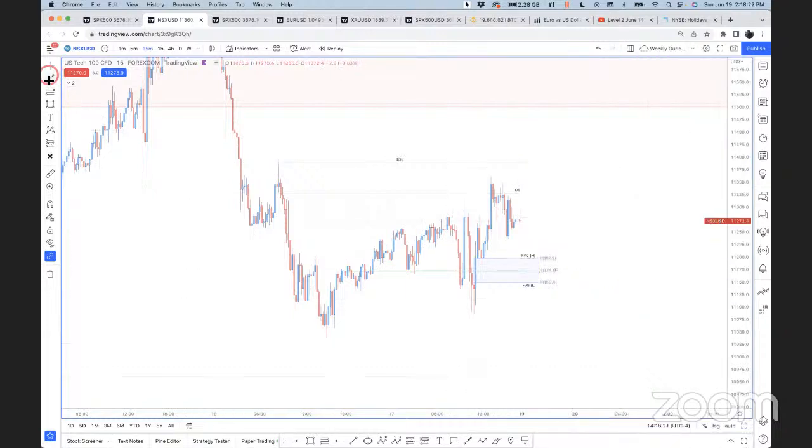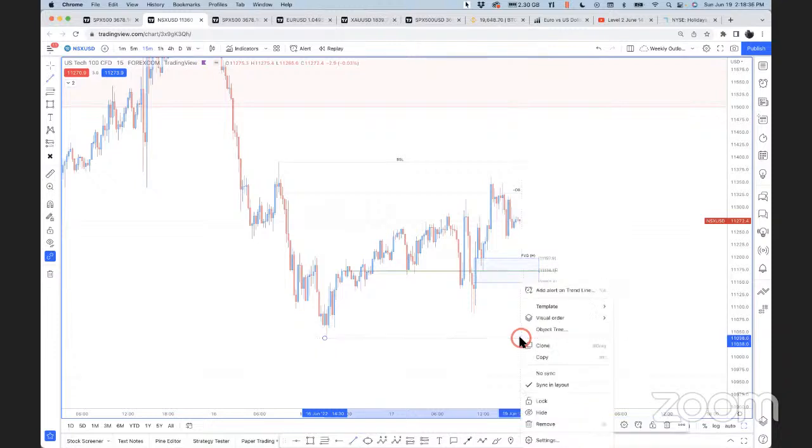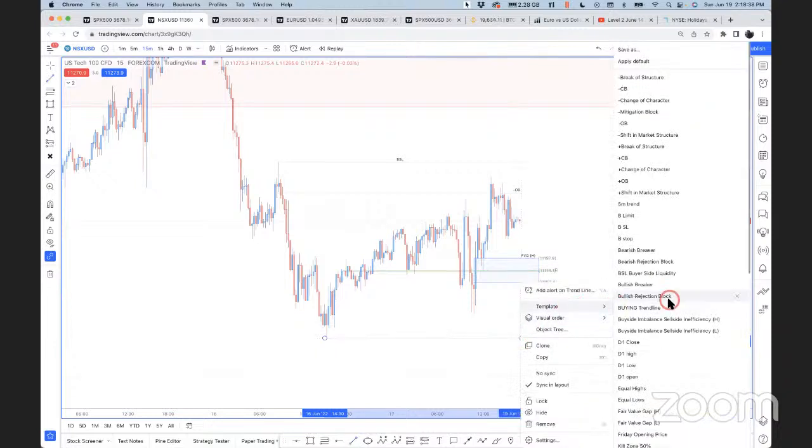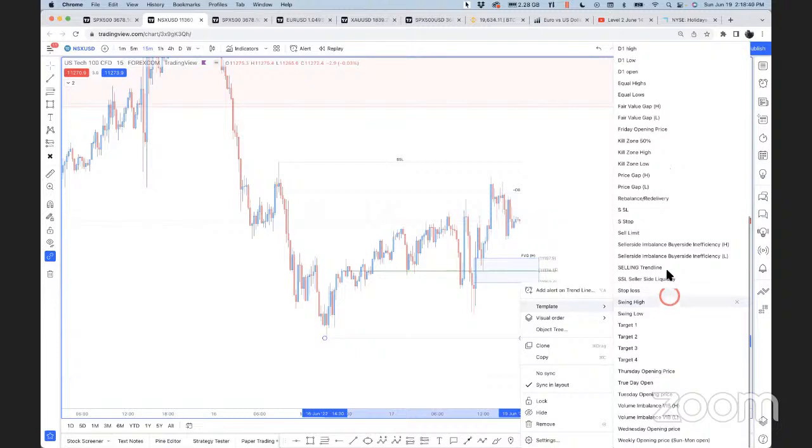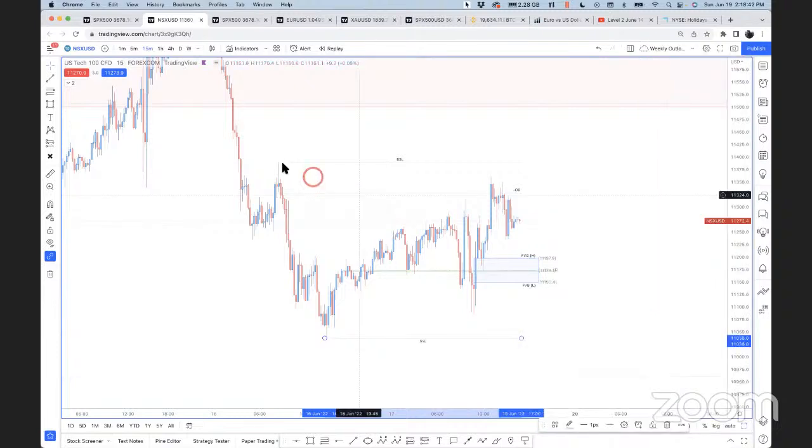And then we have this low, which will act as our sell side liquidity. This is the range you would want to work in for the lower time frame, between this high and this low.